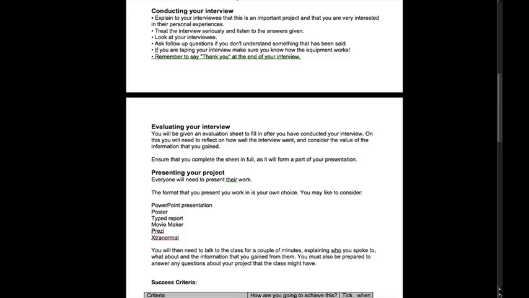If you don't understand what's going on in the interview, please feel free to ask questions, seek clarity. If you're taping your interview or recording your interview, please make sure that you know how the equipment works, and obviously please make it clear with the interviewee that that is what you're planning to do and have their consent before you do it. Finally, remember to say thank you at the end of your interview.